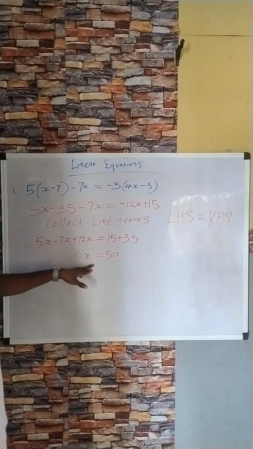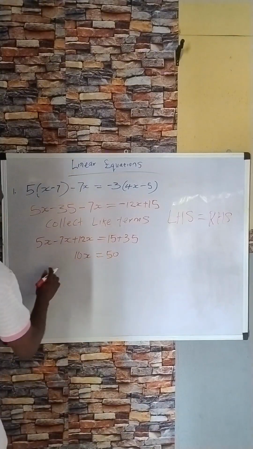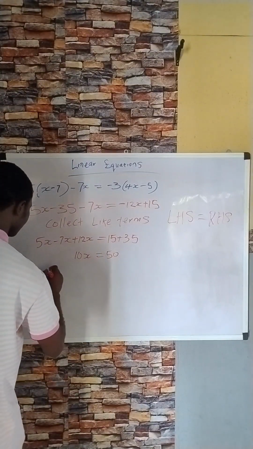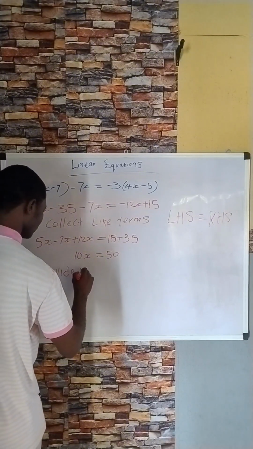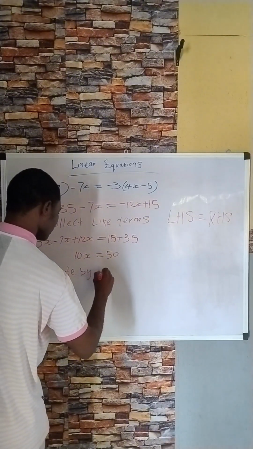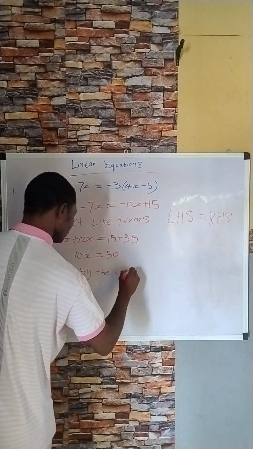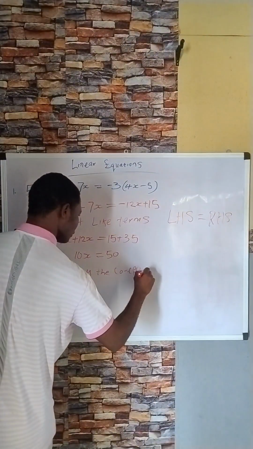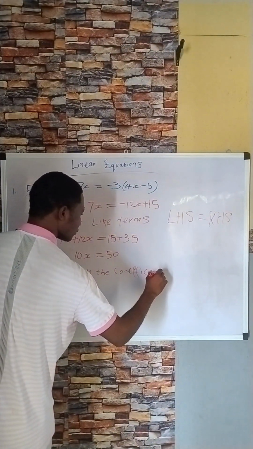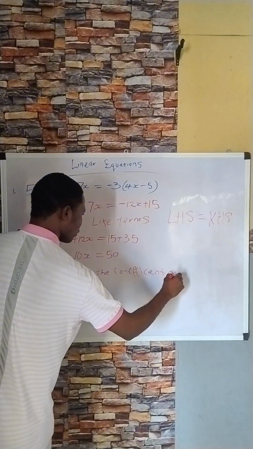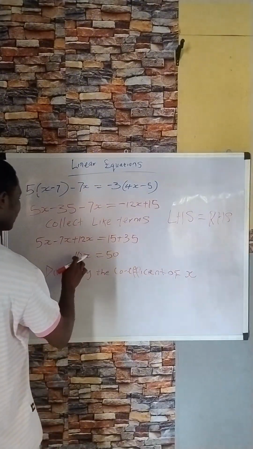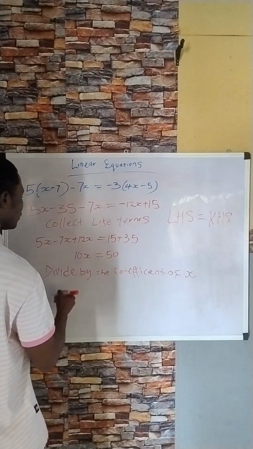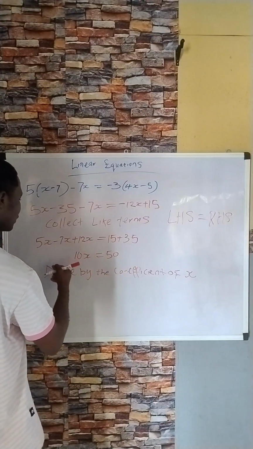The next thing we have to do is divide by the coefficient of x. So the coefficient of x here is 10. So let's divide both sides by the coefficient of x.